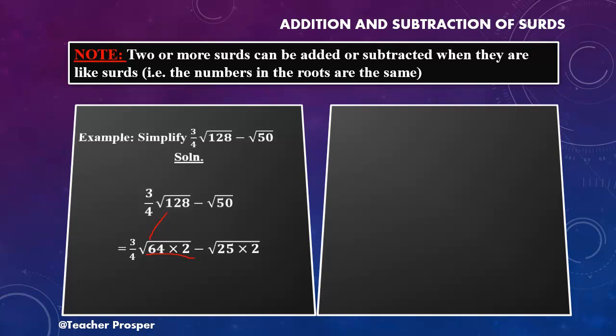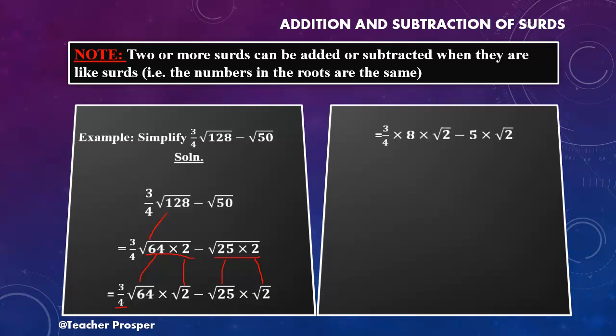Root of 50 will also give us 25 times 2. And then when we separate them, we have root 64 here, root 2 here, root 25 here, and then root 2 here. Our coefficient still stays as it is.